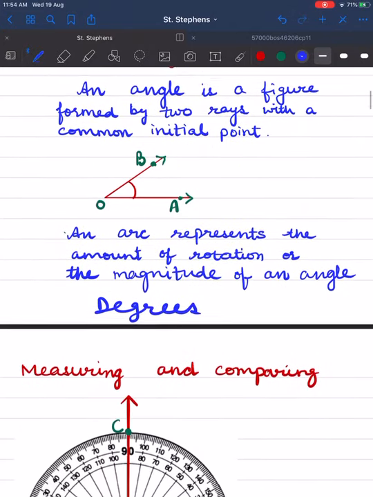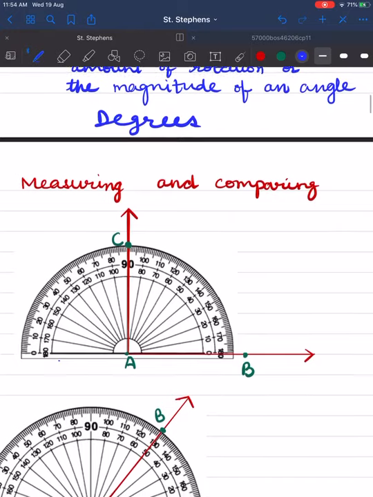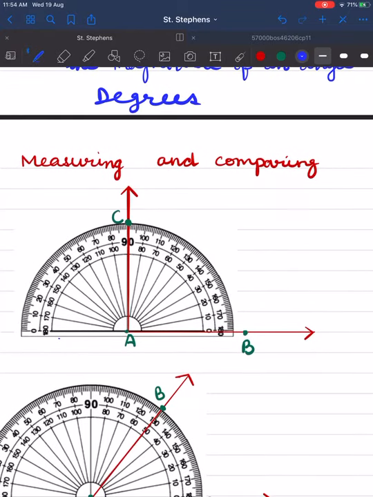Now let's measure and compare the following angles with the help of a protractor. And I hope everyone is familiar with the protractor. It has semicircular shape. Now let's measure angle BAC. We place the protractor on the angle such that midpoint of the protractor is on the vertex A of the angle.